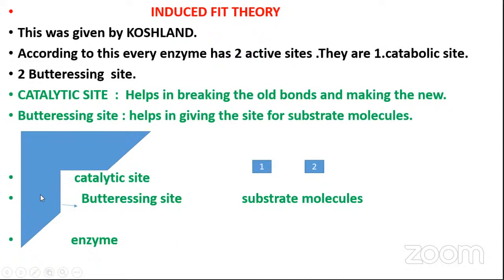So in the induced fit theory, the enzyme has two sites, the catalytic site and the buttressing site.